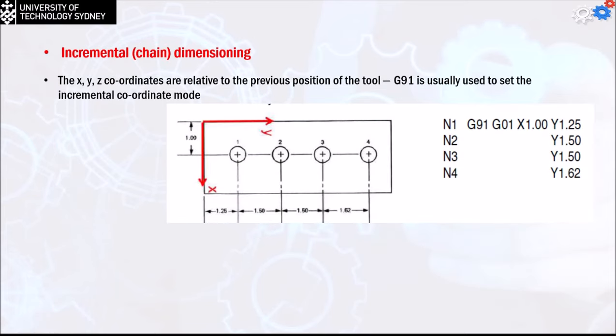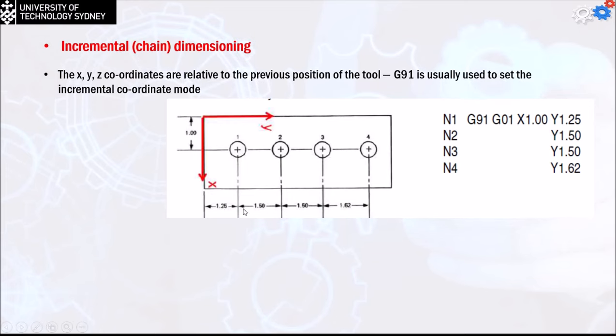The other type is the incremental chain dimensioning, and in this case you can see that the distance between the points is referenced to the previous point. So from the datum it is 1 for the x and 1.25 for the y.